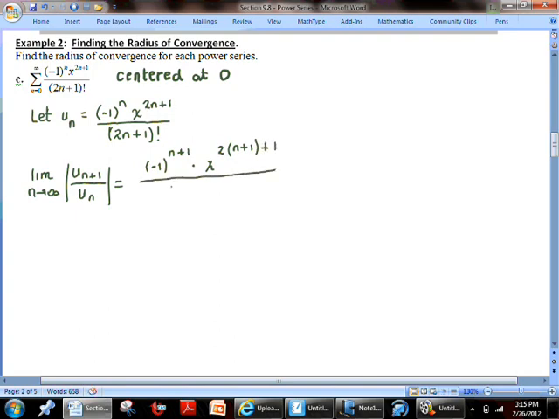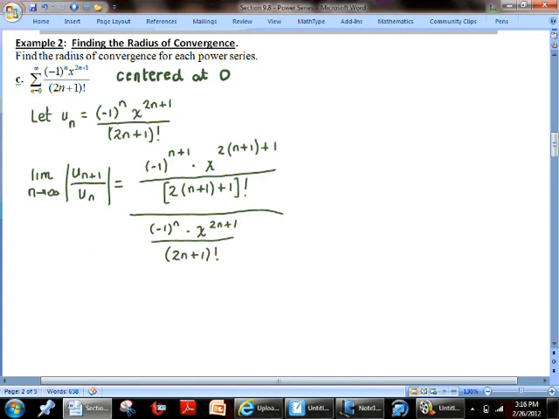And then the denominator here would be 2 multiplied by n plus 1, all plus 1, and then we still have to take that quantity to a factorial. And then we'll divide all of this by the original nth term expression, negative 1 to the n times x to the 2n plus 1, all over 2n plus 1 factorial.